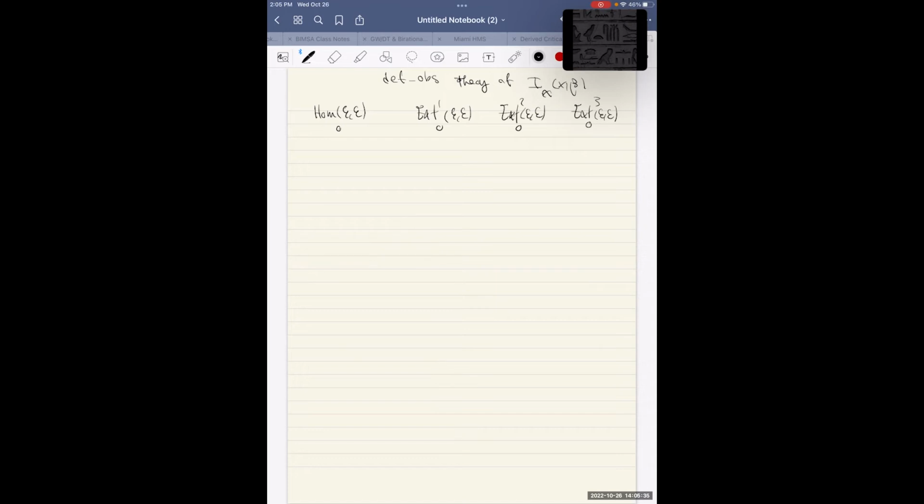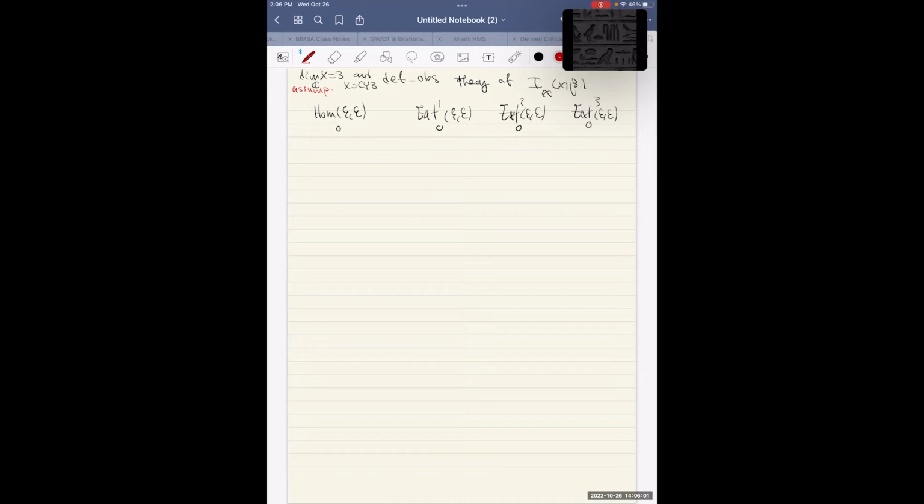I'm going to make an assumption that the dimension of X over the complex numbers is 3 and X is a Calabi-Yau variety. Later, I will relax this assumption. This is my assumption. But for now, X is Calabi-Yau 3.